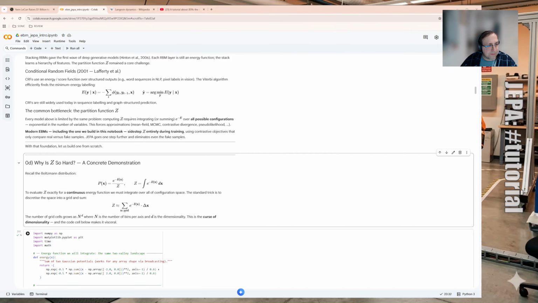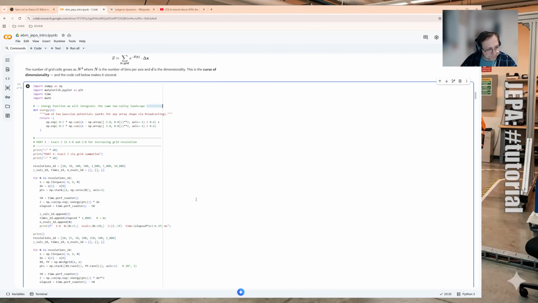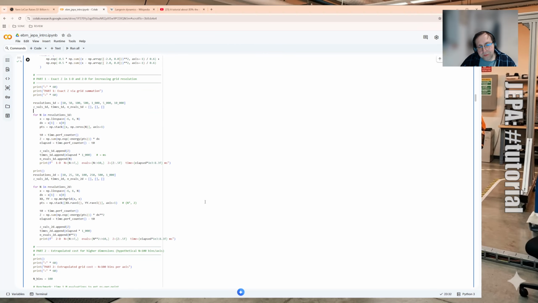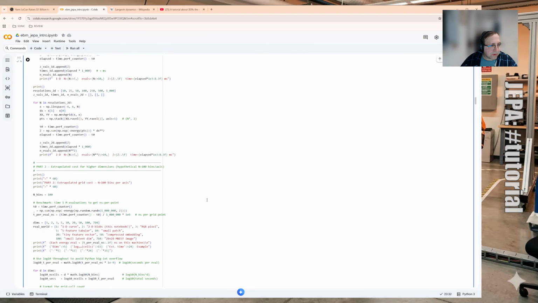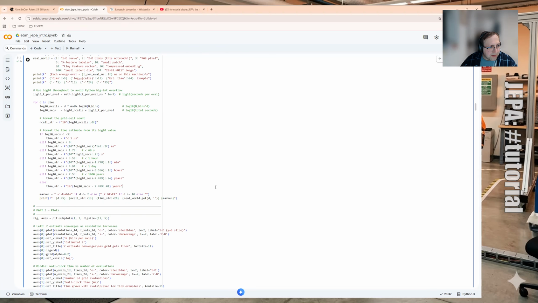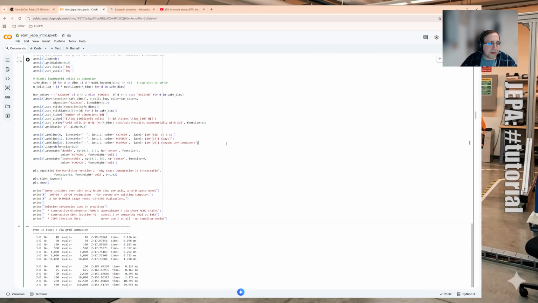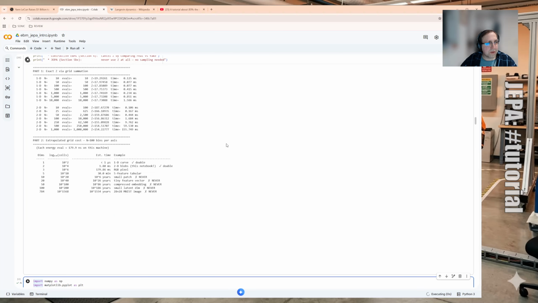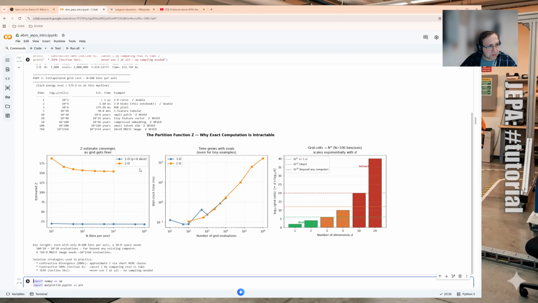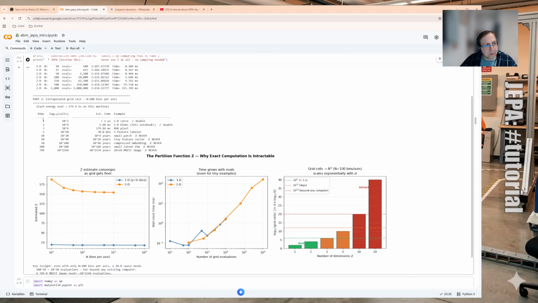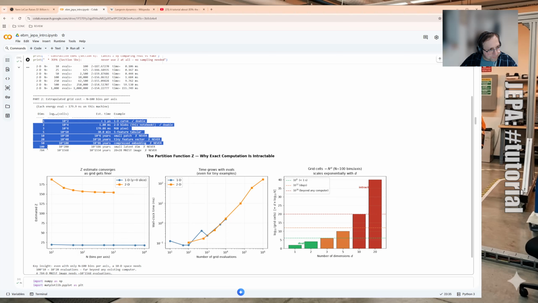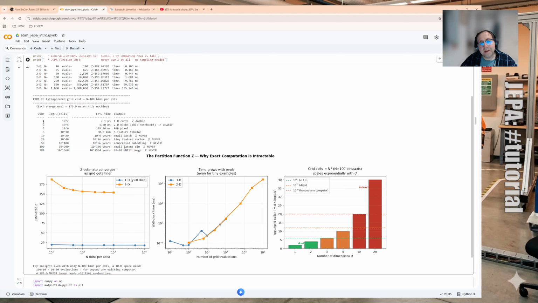And so let's have an example here where I essentially try to calculate this partition function based on the current CPU that is running on my Colab, and it's going to essentially give me an estimate of how long it's going to take to calculate different partition functions based on the dimensionality of my input space. In this case, we have 2 dimensions, and essentially how many bins do you have.